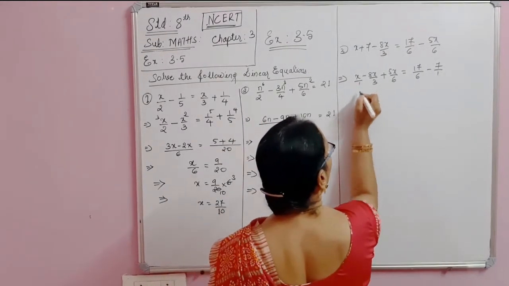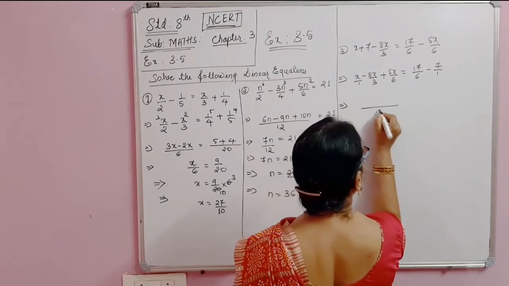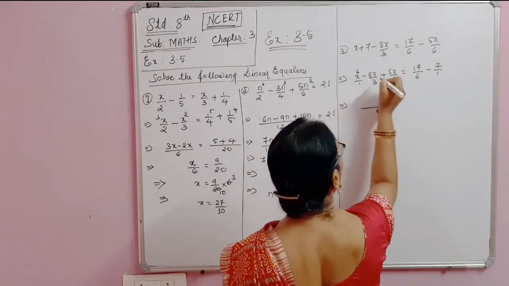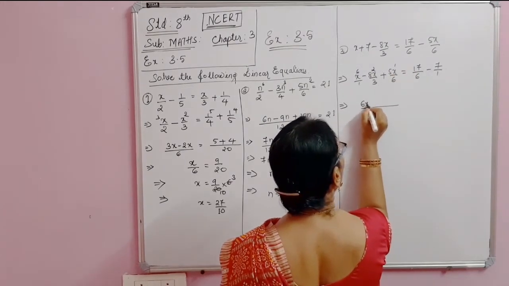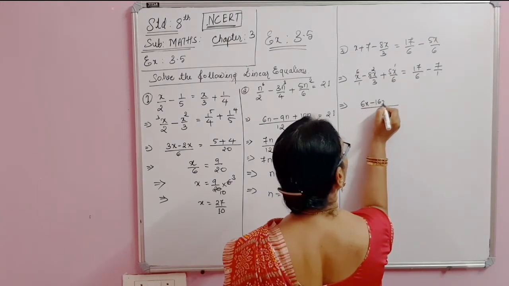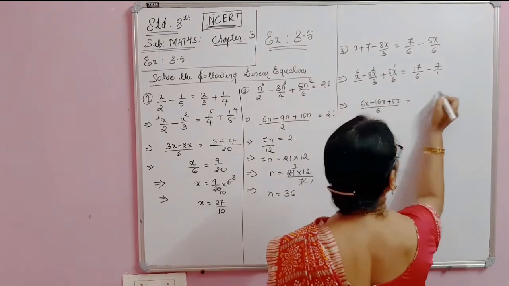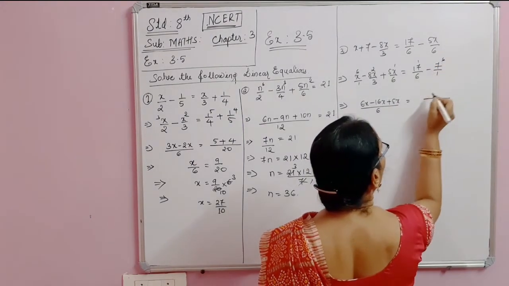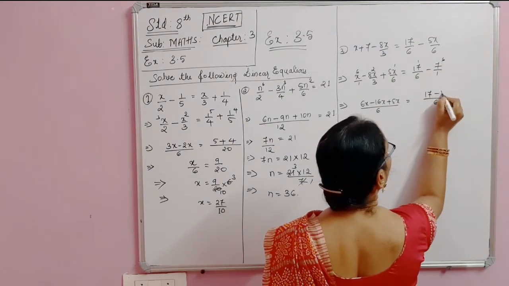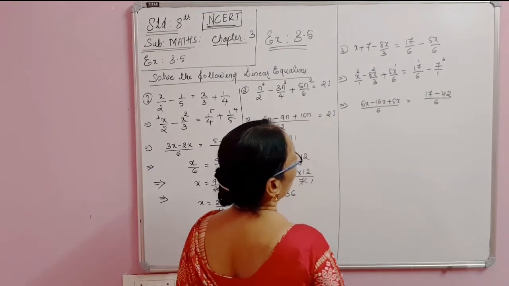Now here, what is the LCM? 6 is the LCM. 1 6s are 6, 3 2s are 6, 1 6s are 6: 6x minus 16x plus 5x is equal to, what is the LCM here? 6. 6 1s are 6, 1 6s are 6: 17 minus 42.